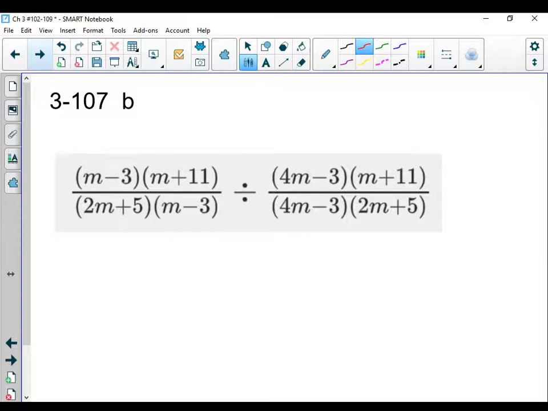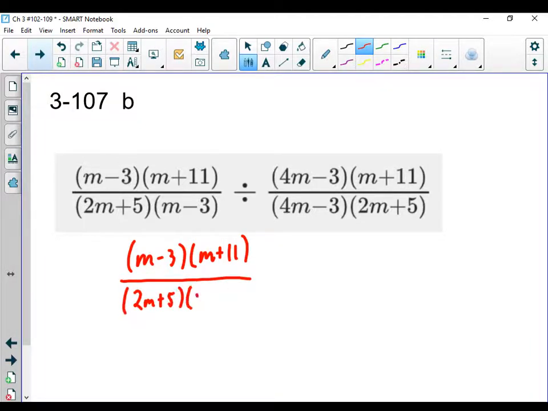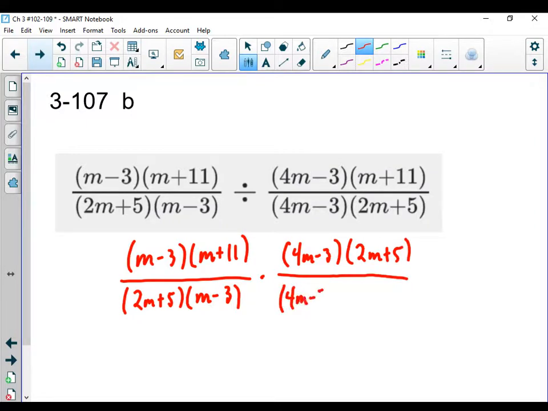So really our main thing we're going to have to take care of is make it into a multiplication problem, because right now it's division. So notice I'm doing the reciprocal of the second fraction.